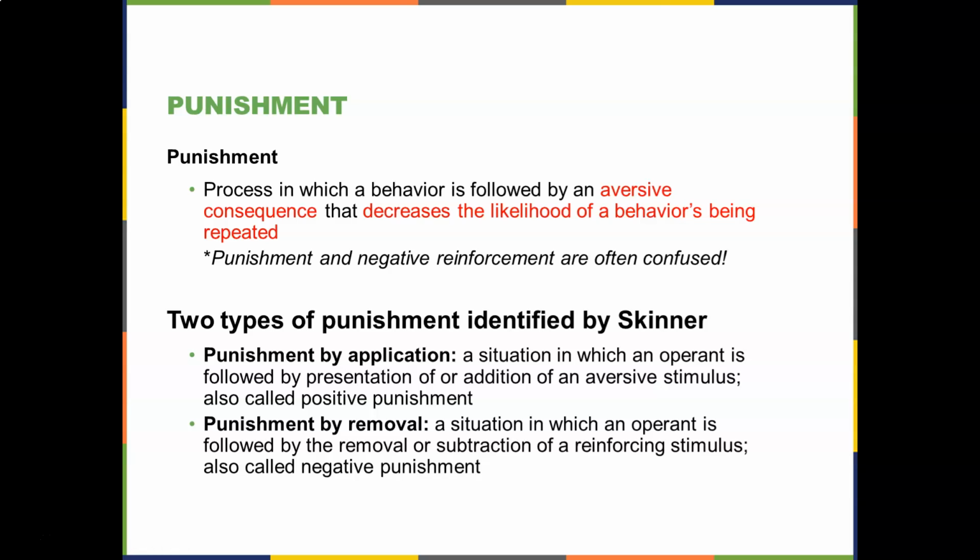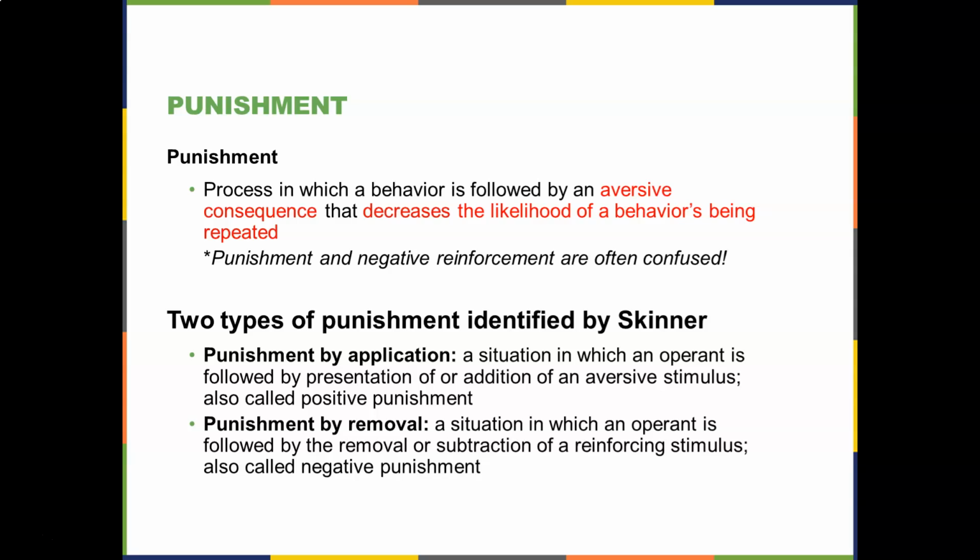Okay, now there's also what's known as punishment. These are not like reinforcers. Punishment is an aversive consequence that decreases the likelihood of a behavior being repeated. So take for instance, when a child or student behaves in a certain way that the parents do not approve of, they may be grounded or put into timeout or something like that.